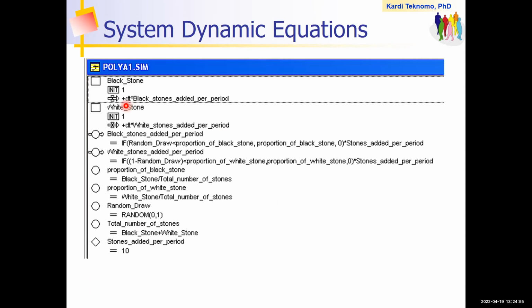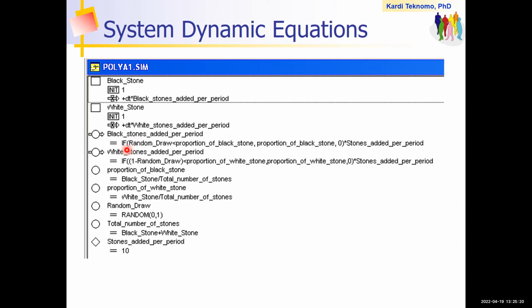The difference equation is something like this. Initially you have black stone of 1, and then this is the difference equation. It's just accumulation, and the same thing here: initially you have white stone of 1, and this is the difference equation that accumulates in this level.